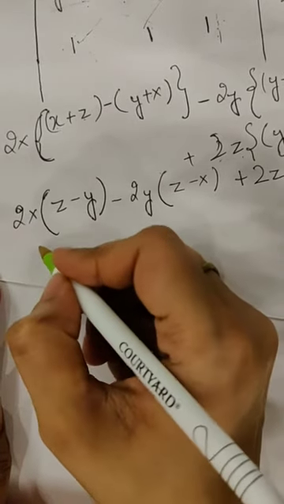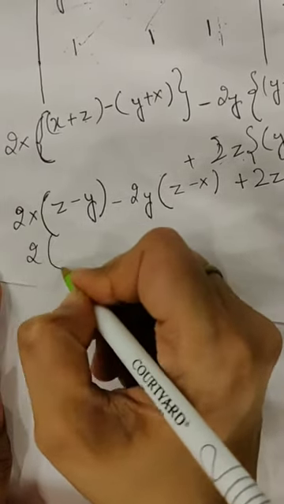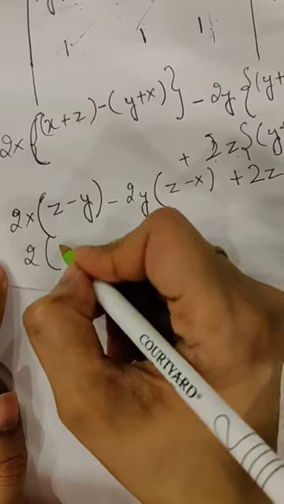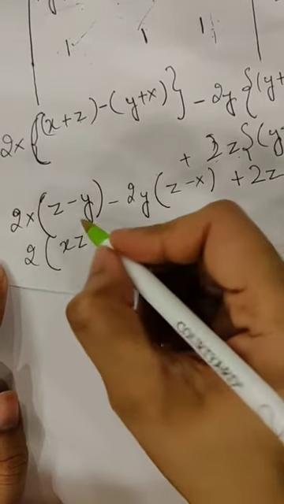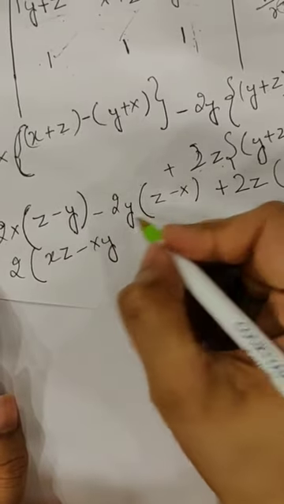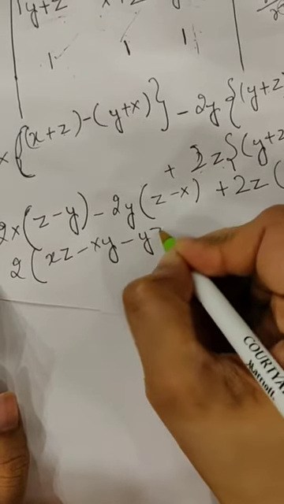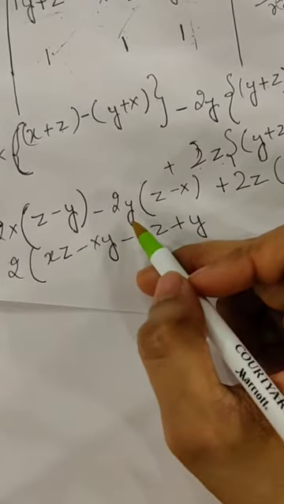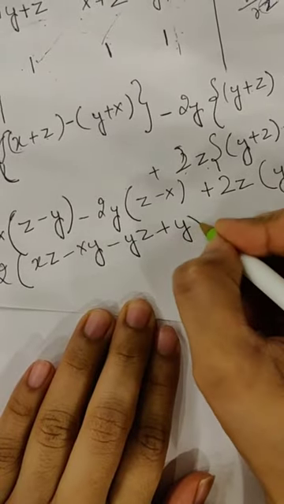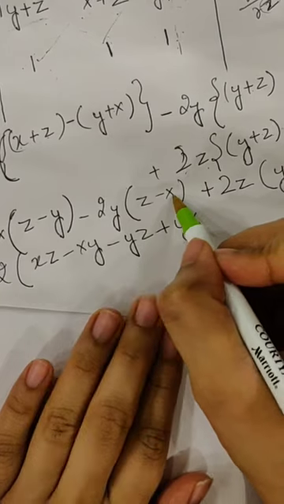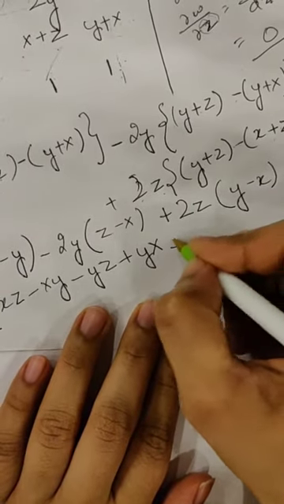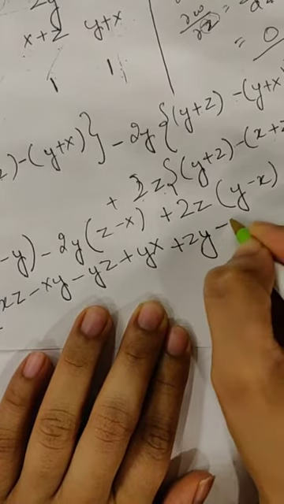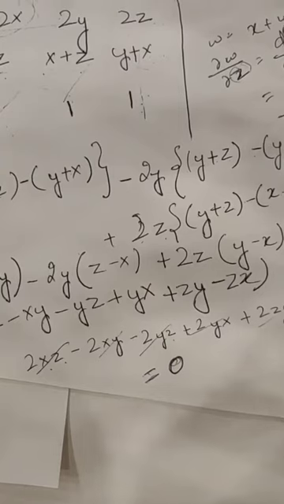Okay, taking 2 common and opening up all the terms, I get xz minus xy minus yz plus yx minus yz plus yx plus zy minus zx.